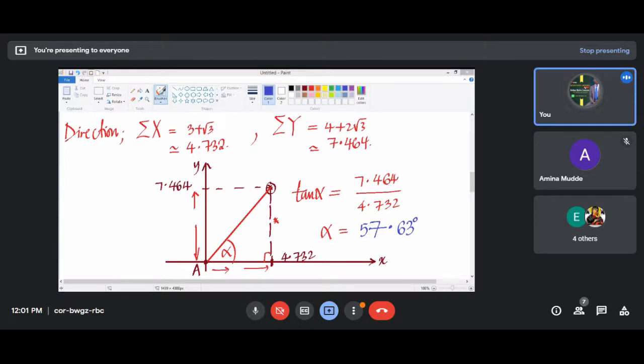Do you agree with that solution? Yes, teacher. Thank you.